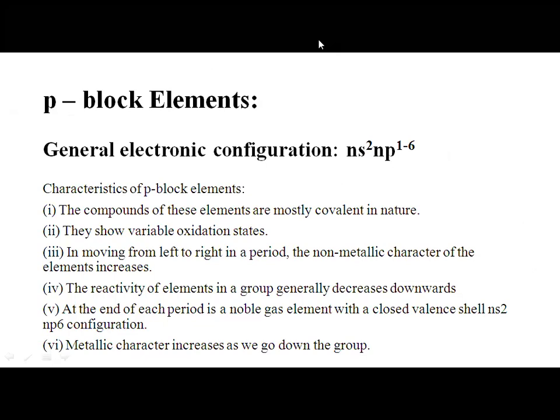So how do we explain P block elements? P block comes from group 13 to group 18. All these elements are called P block. Let us take an example: boron 5, carbon 6, nitrogen 7, oxygen 8, fluorine 9, neon 10.